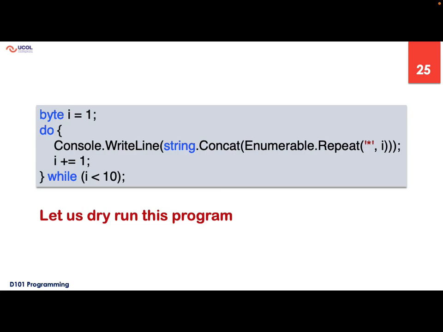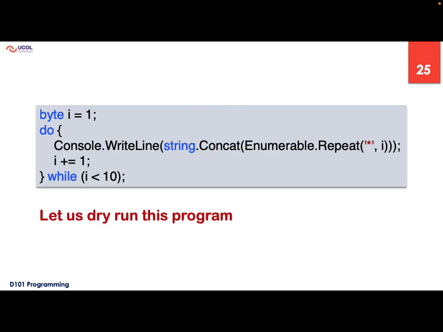Yes. 3 stars, 4 stars, 5 stars, 6 stars, 7 stars, 8 stars, 9 stars. When the value of i is 9, at that time i is less than 10, yes, it is true.